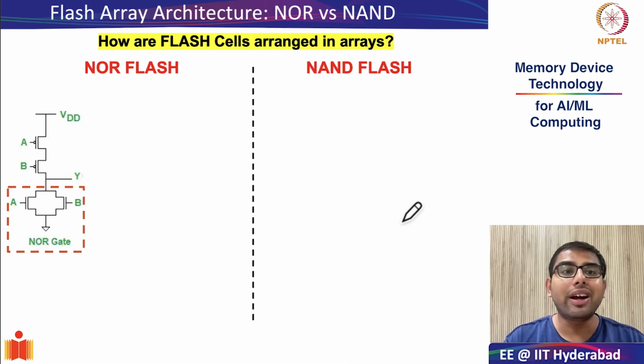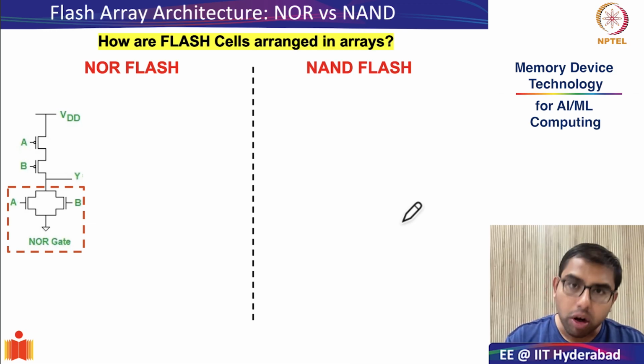As you may have already heard in our second module, when we were discussing the overall perspective of memory hierarchy, flash cells are further subdivided by the way they are organized in memory arrays. There are two kinds of organization. One is called the NOR flash and the other is called NAND flash. Let us begin with NOR flash.